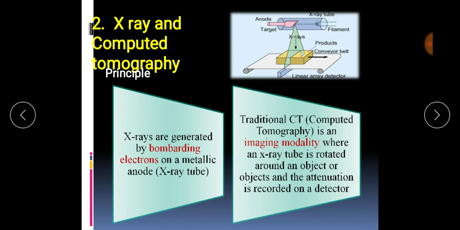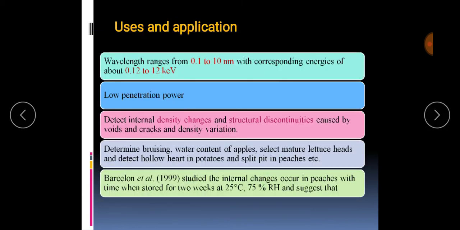Likewise, we can use the same technology to check the quality of food products. The wavelength ranges from 0.1 to 10 nanometer, and it has low penetration power. It detects internal density changes and structural discontinuities caused by voids, cracks and density variations.